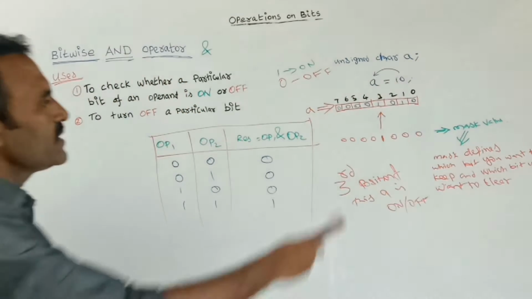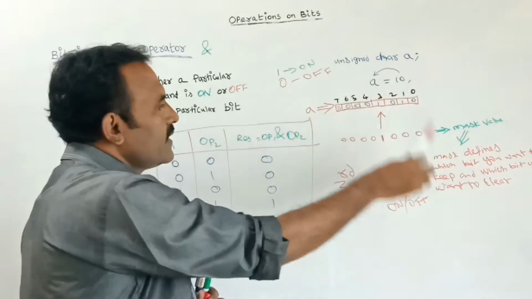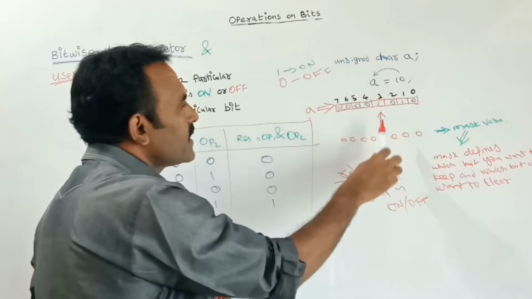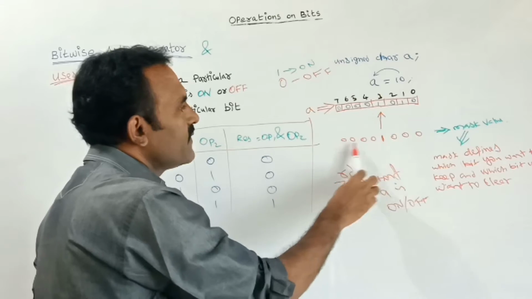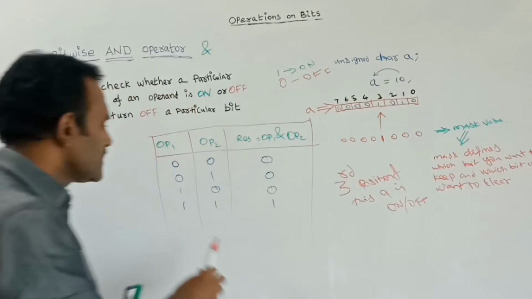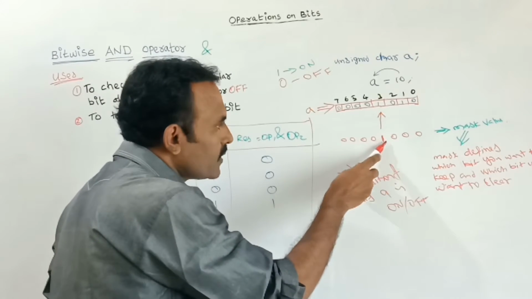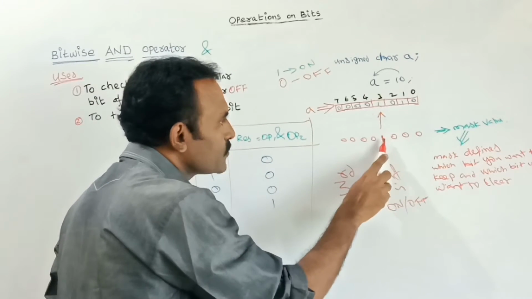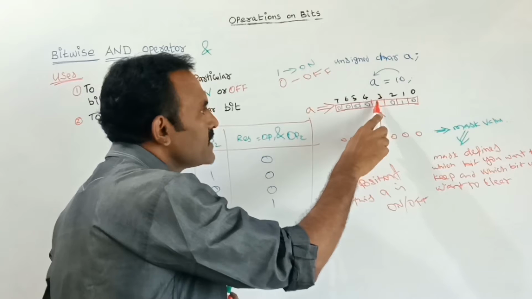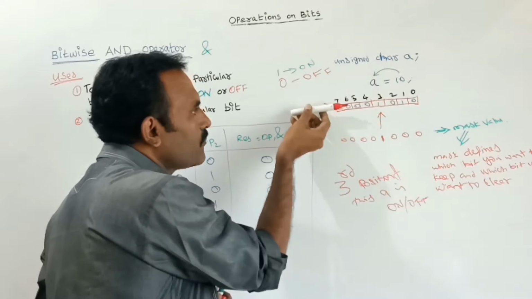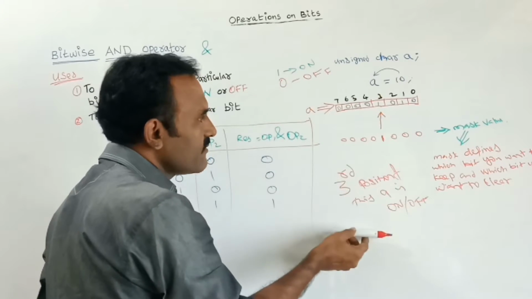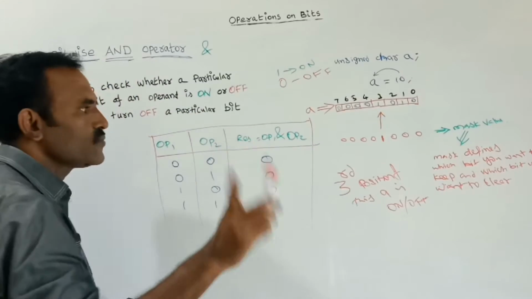So here I am using this mask value. The third position I need to keep, and everything else I should clear, because as per the truth table, I am passing 1 and the remaining bits are 0. If the third position value of the operand is 1, then the result will be 1, because 1 and 1 is 1.